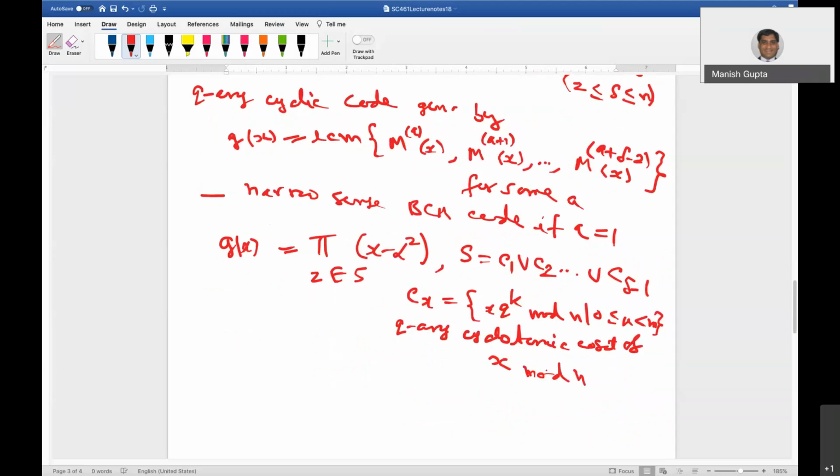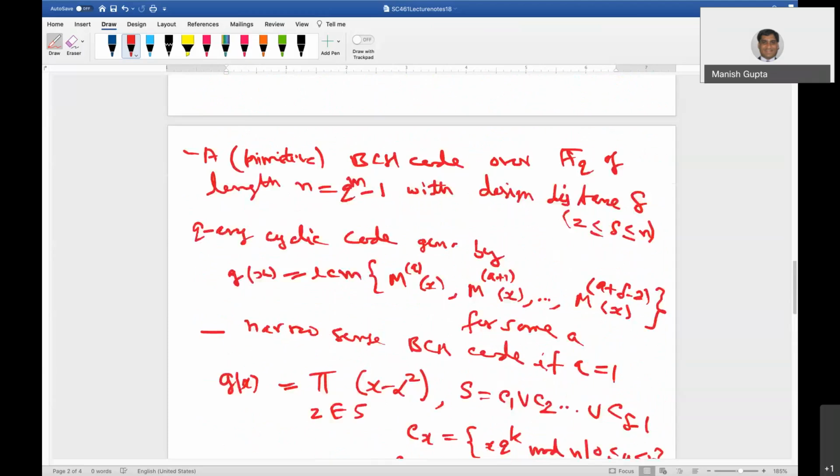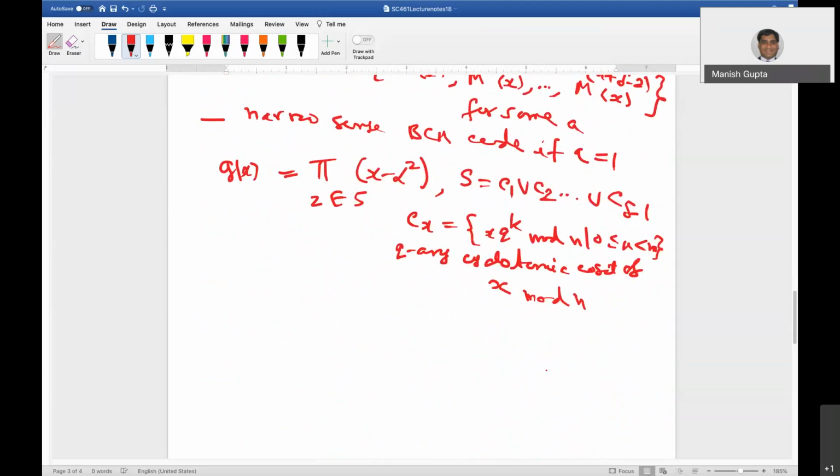So this is the general definition. I'm going to describe now a theorem related to the parameters of the BCH code. Especially, we can talk about the dimension and the minimum distance. We denote the general BCH code by BCH(n, q, delta).